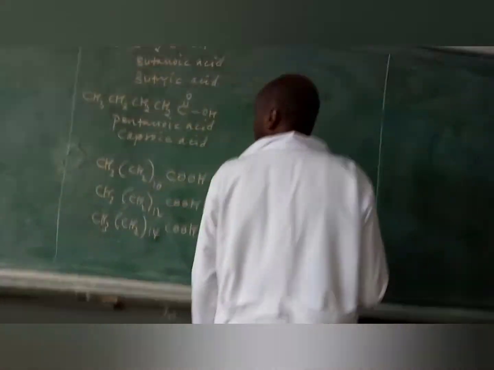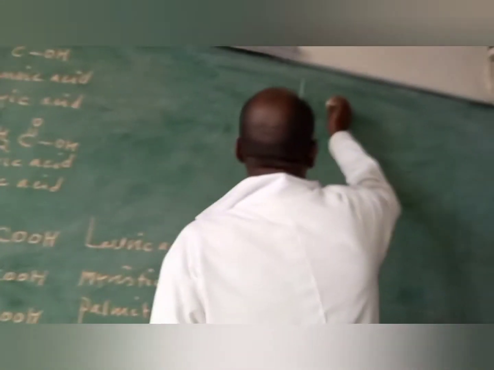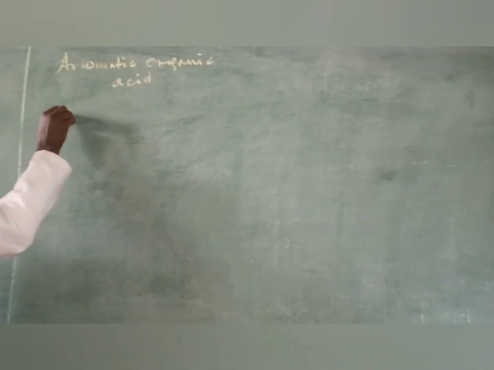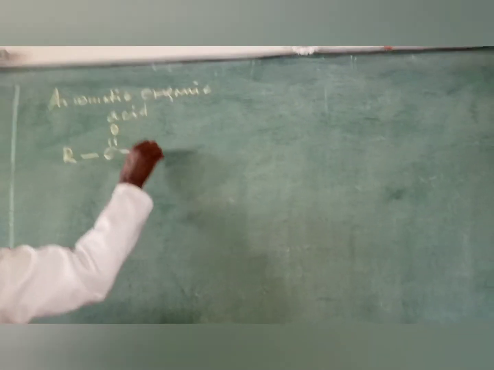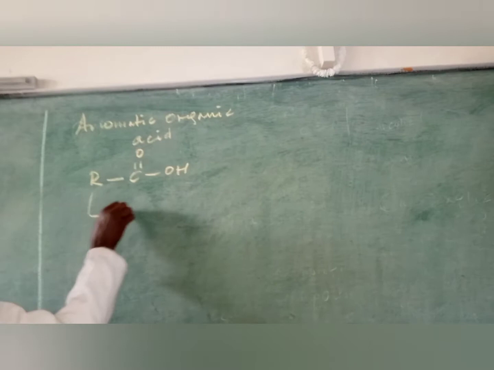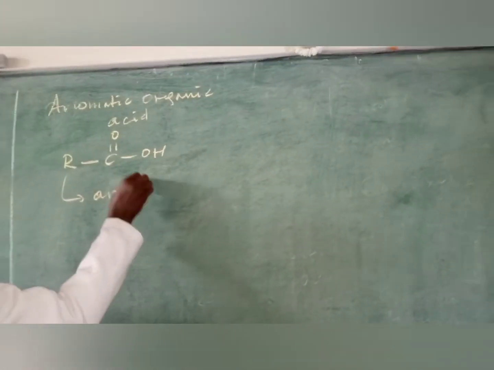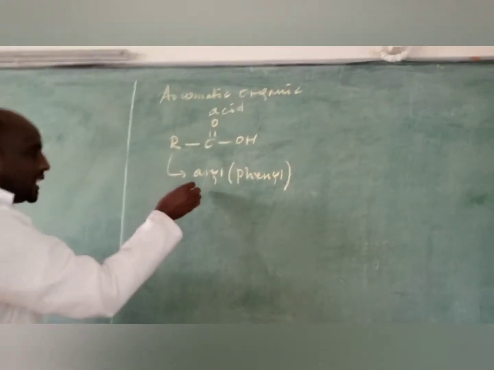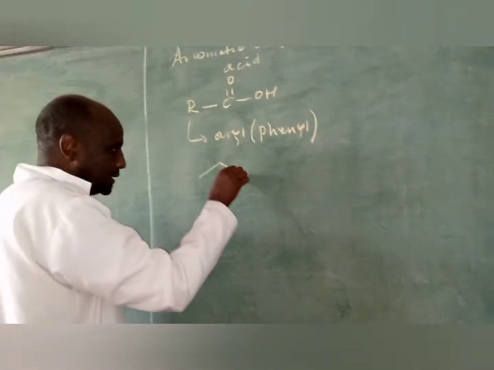Now we can have also aromatic organic acids, where this R group becomes arene or phenyl. The arene means the benzene ring.